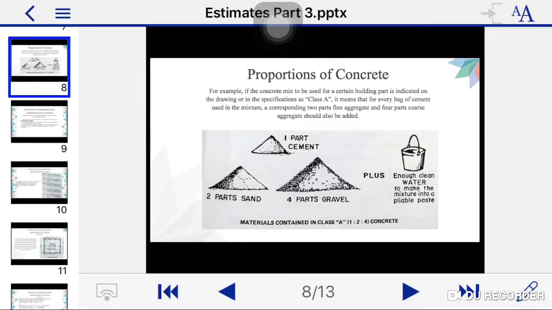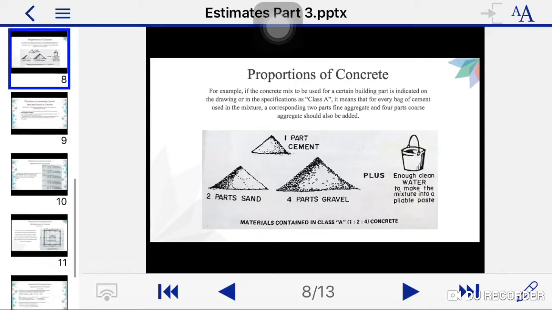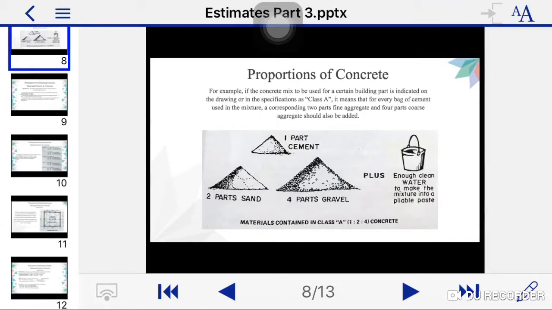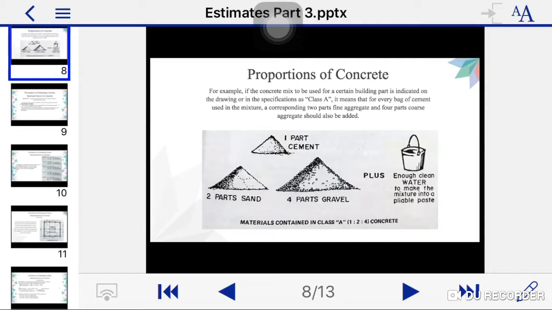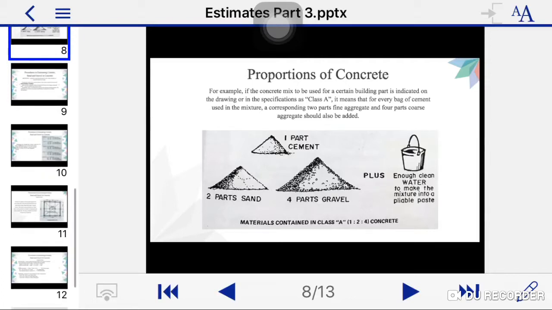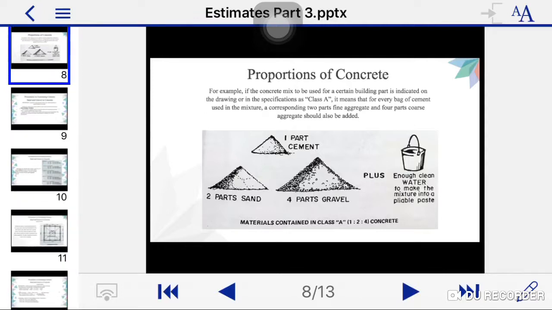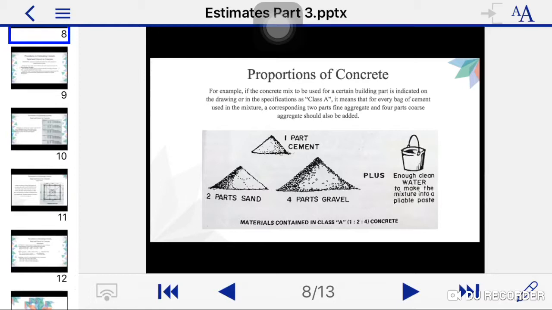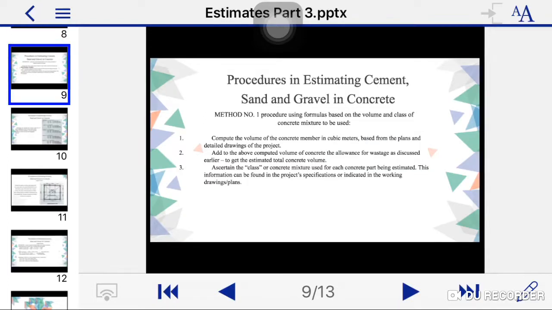So if we need a bag of cement in the concrete mixture, we need also 2 parts of sand, which is 1:2, and 4 parts of gravel, plus enough clean water to make the mixture into a pliable paste. Usually the water-cement ratio is around 0.4 or 0.5, but it depends on the engineer, at his or her discretion. So that's an example for the proportions of concrete.